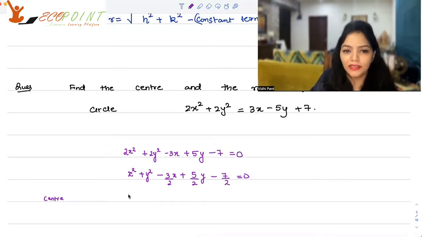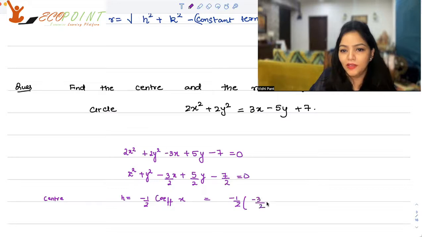Center, we realized, is h, which is minus half of the coefficient of x. So it's going to be minus half of minus 3 by 2, which is 3 by 4.